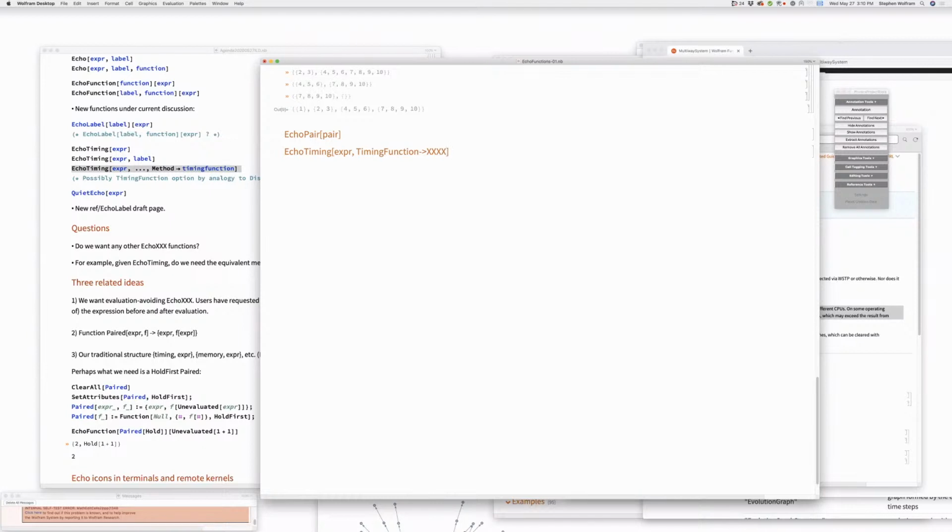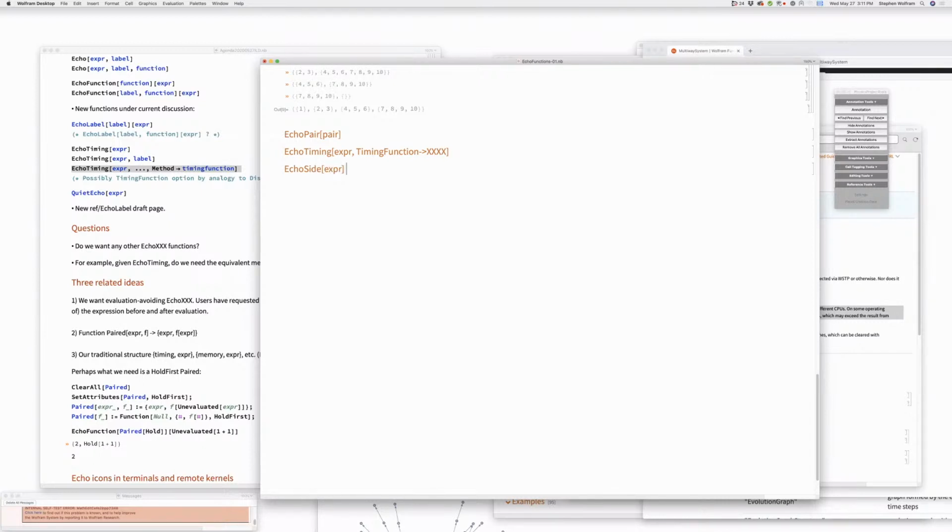So echo timing could just be generalized where the timing function is instead just a second argument. And it doesn't need to be a timing function. It just needs to be something that returns a pair. Right. So what on earth would that be called? I'm going to call it echo side, but that's a horrible name.